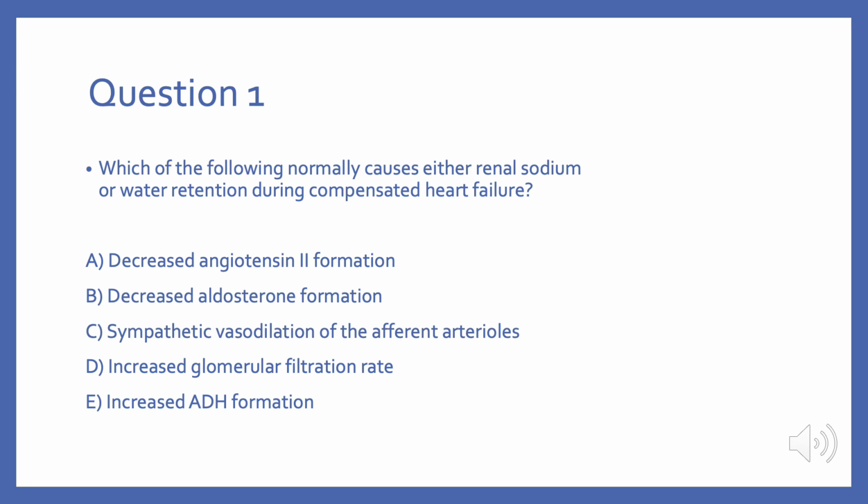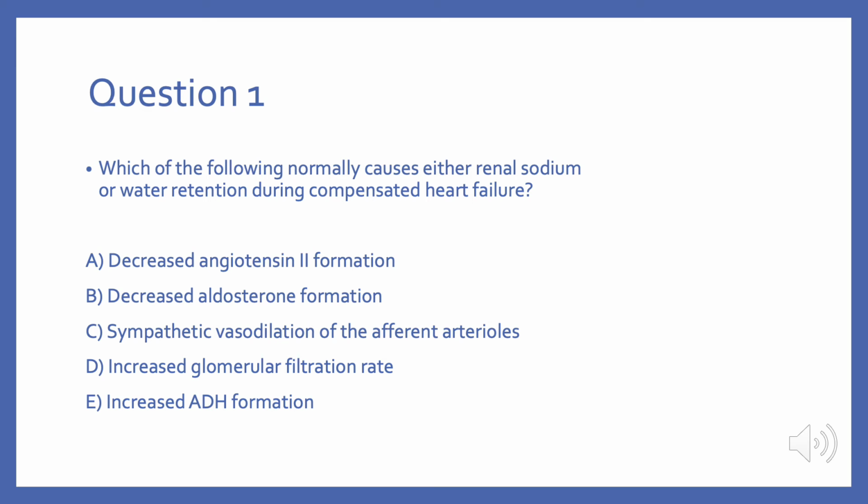And then you have to remember which hormone does what. So angiotensin II increases blood pressure, so it would not be decreased in your attempt to increase blood pressure. So A is wrong. Then aldosterone also functions to increase mean arterial blood pressure, so again it wouldn't be decreased in your attempt to increase systemic blood pressure.